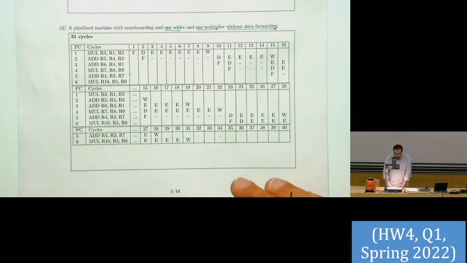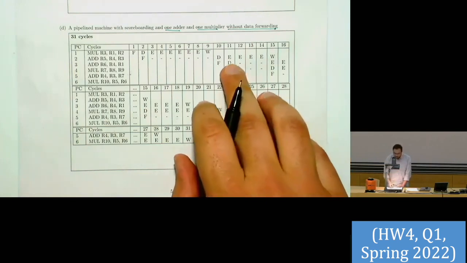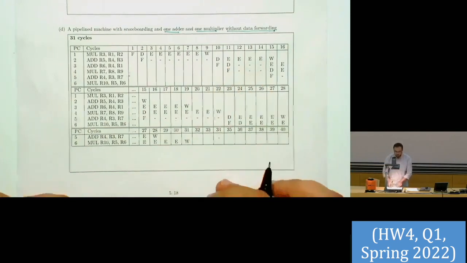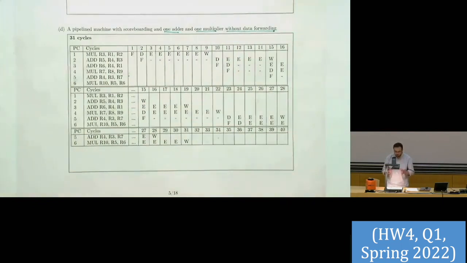We assume that once we start using an adder for an instruction, then we cannot pipeline inside this adder. So we just give the inputs to this adder, and we get the output at the end of the 4th cycle. Or in the multiplier case, it's at the end of the 6th cycle.